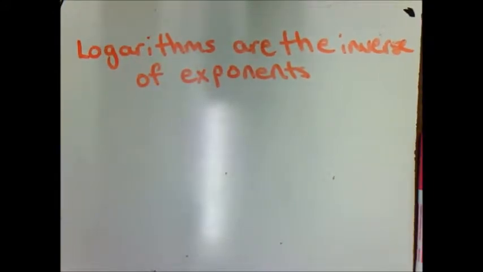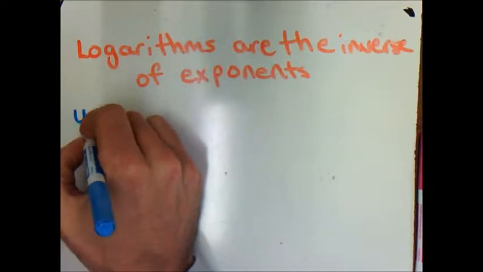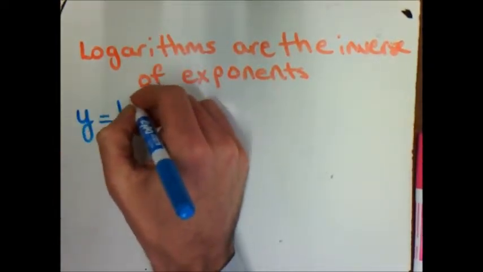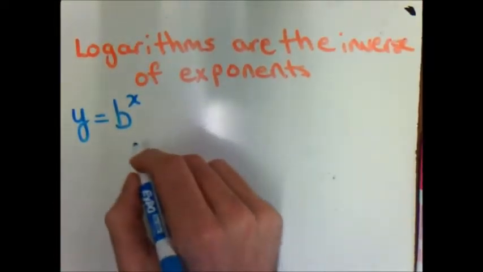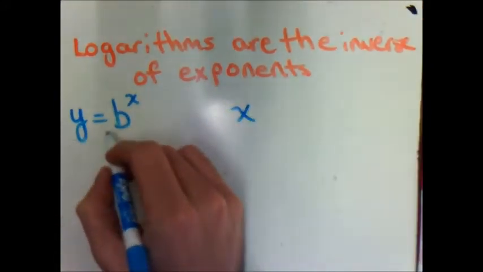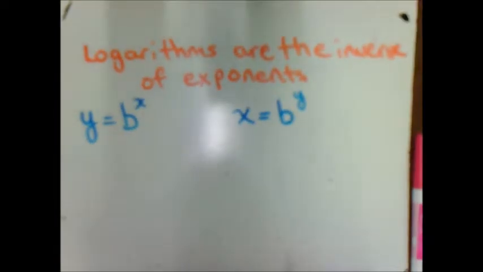Let's explain this a little more thoroughly. The exponential function says y with base of b, y is equal to b to the power of x. For an inverse function, we really are just swapping the x and the y. So the inverse of y equals b to the x is x equals b to the power of y.